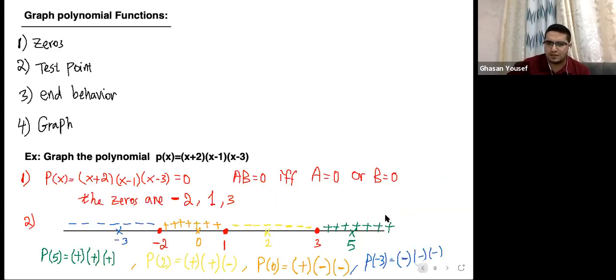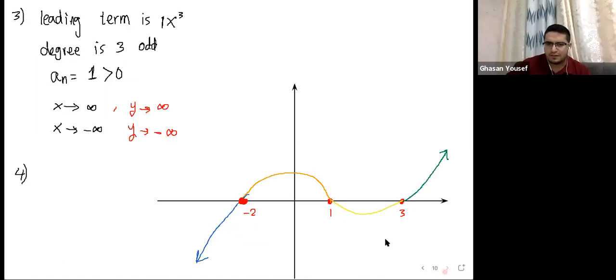If it's positive, above the x-axis; negative, below the x-axis; positive, above again; negative, down. And that's it. And you have to check the end behavior. When x goes to infinity, y should go to infinity, positive, up. x goes to minus infinity like this, y goes to negative infinity like this. Any questions?